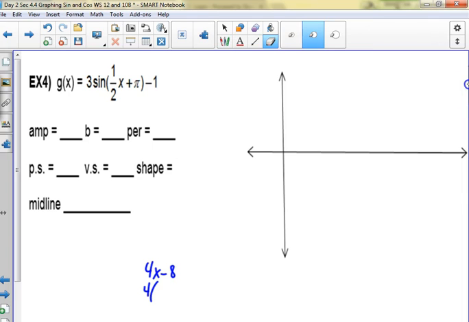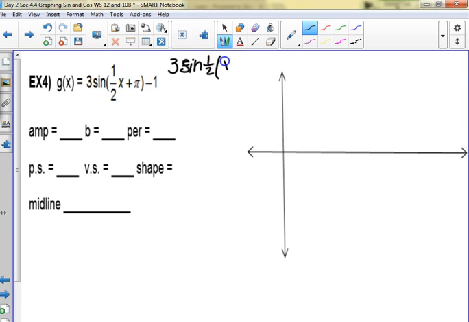Factoring is dividing. So I'm going to rewrite this as 3 sine, sorry, I don't know where there's an equal, sine 1/2 parenthesis, I divided out the 1/2 and get just the x, plus, what is pi if I divide out 1/2?